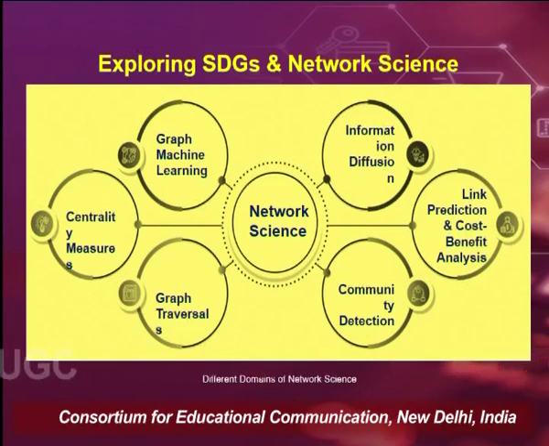Then there is this link prediction and cost benefit analysis. So in the production networks, we have just discussed that we can perform the cost benefit utility analysis and see whether two companies who are connected presently, will they remain connected in the future if their cost incurred is less.